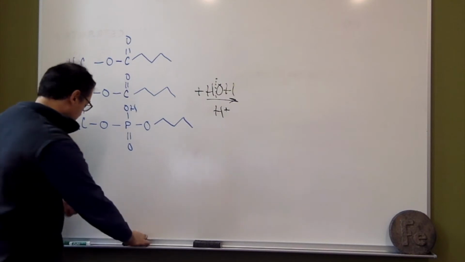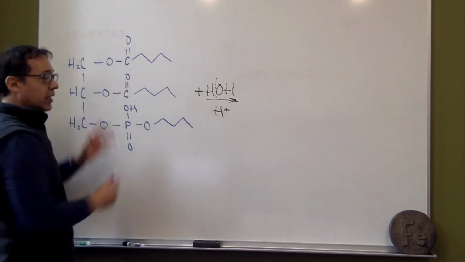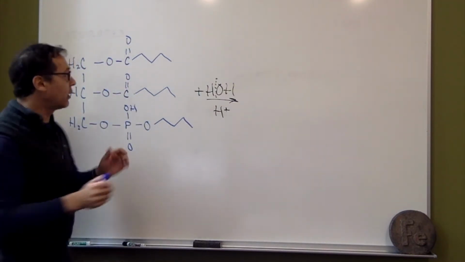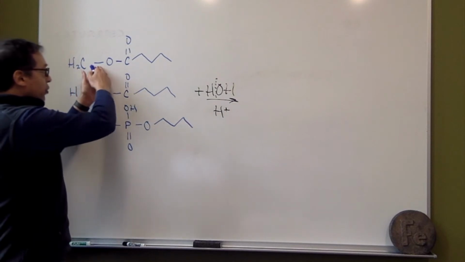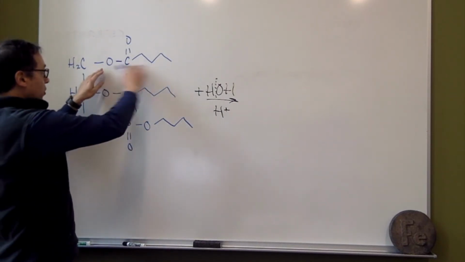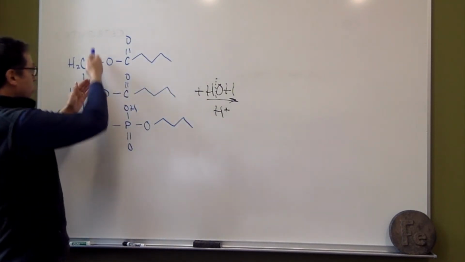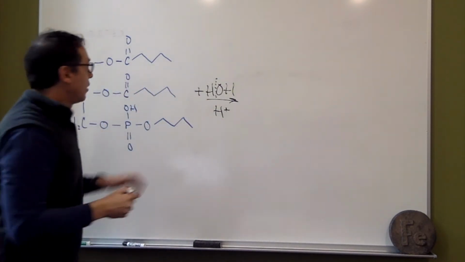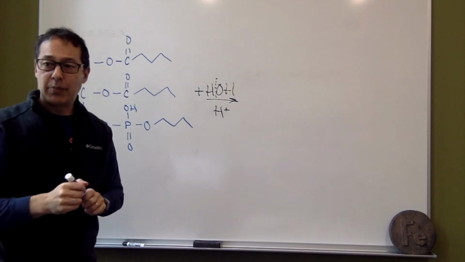Okay, so now I'm going to rewrite this as we're breaking this apart. In the last video, we saw that we could break these apart and form fatty acids. So we're going to break this apart and form fatty acids. We're just going to break it right here, and then we're going to end up with a fatty acid up on top.